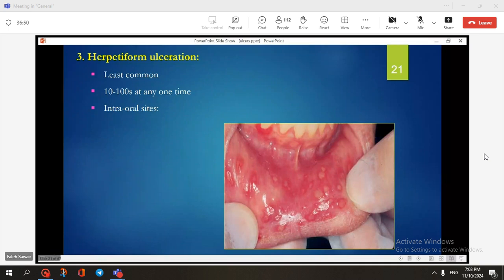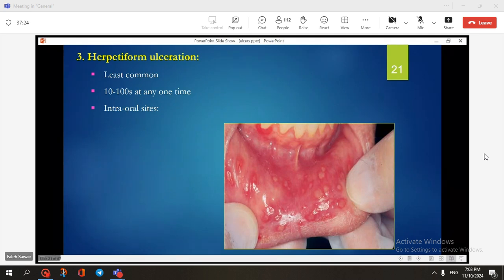You have here to differentiate between this type of aphthous ulcers and the herpes infection. You have to find what are the differences between herpetiform aphthous ulcers and herpetic gingivostomatitis. If you remember herpetic gingivostomatitis, is it recurrent or not?